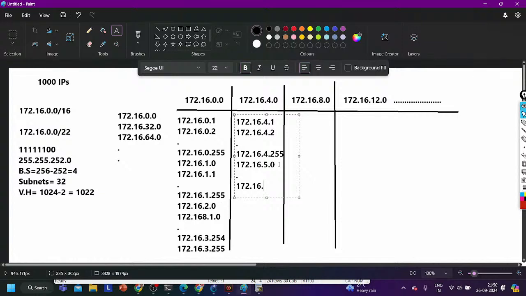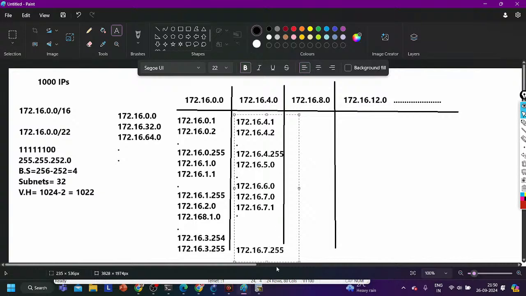Now we are talking about subnetting. Just focus on this. Then guys, we will have 5.1, 5.255, then 6.1, 6.0, 7.0, 7.1 till 7.255.